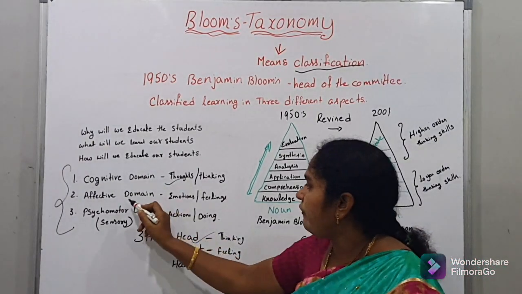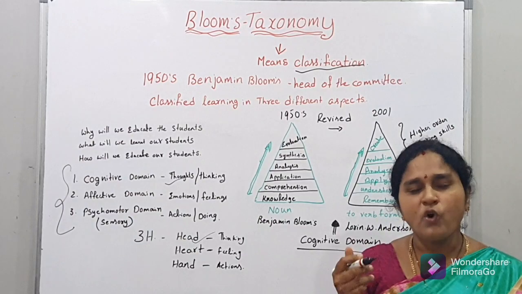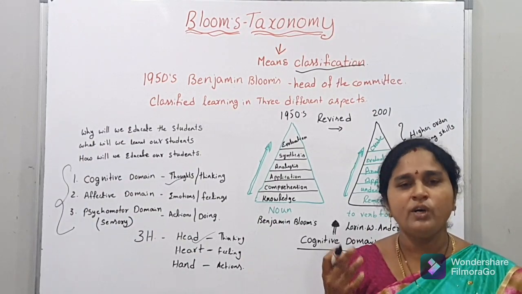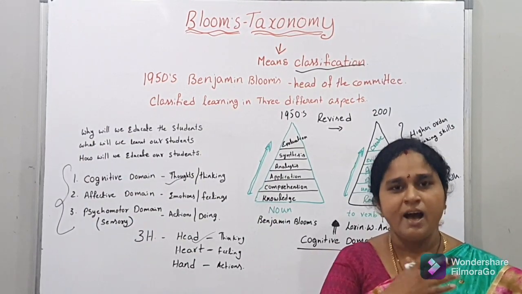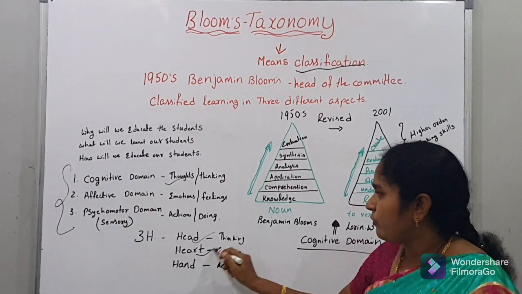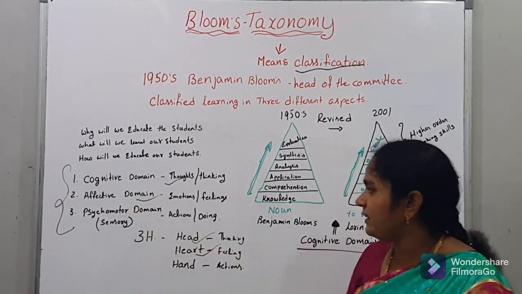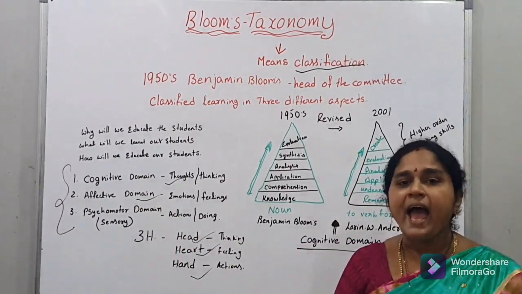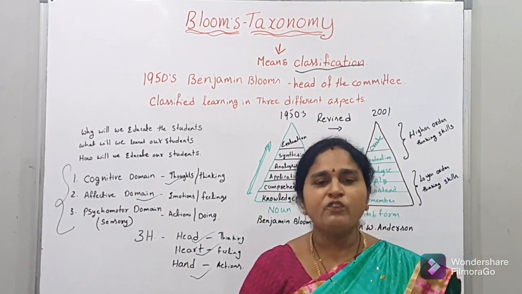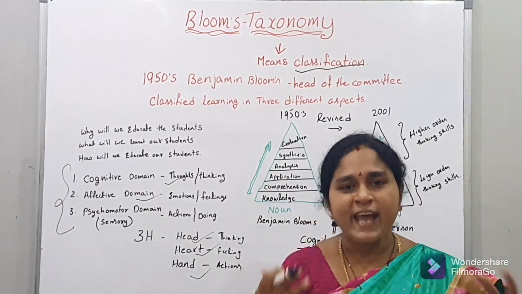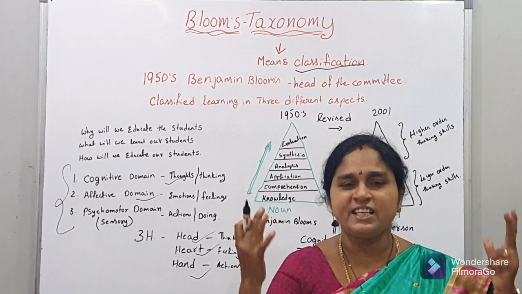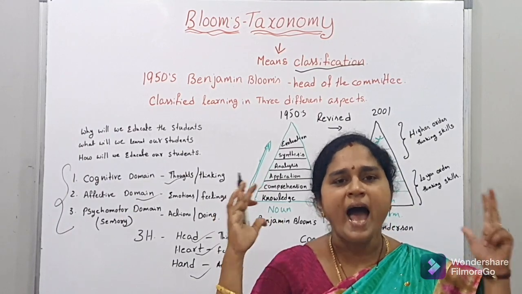And the affective domain, the main focus is on emotions and feelings. That's why it is the heart. Heart is the focus of the affective domain. And hand is actions and doing. What we are doing, what actions we are doing, those things are done with our hands.